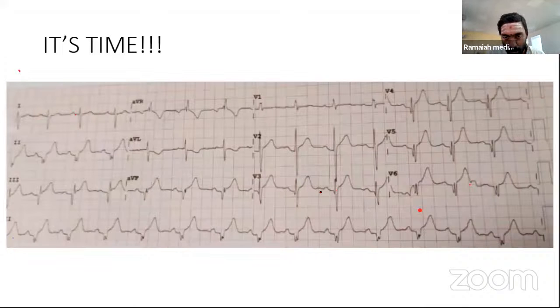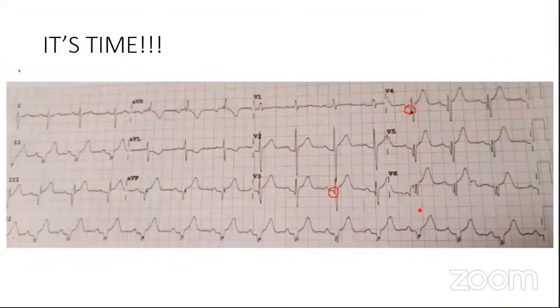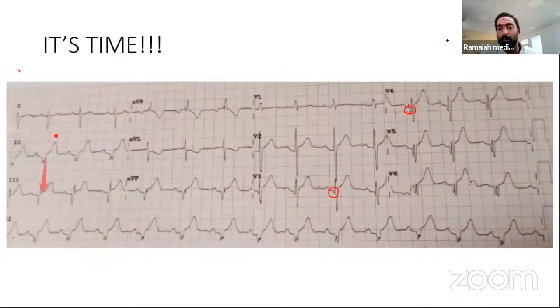Okay. Then you should look at Q. First Q, then R, then S. So you should look at Q in all the leads. You have seen it in the inferior leads. What about the anterior leads? Anything there? You're seeing some small Q waves here. You're able to appreciate. Normal, sir. Usually in anterior leads, you will not get Q waves. That is also very important.